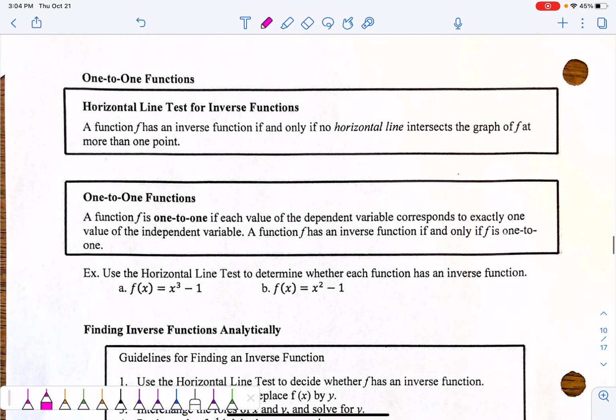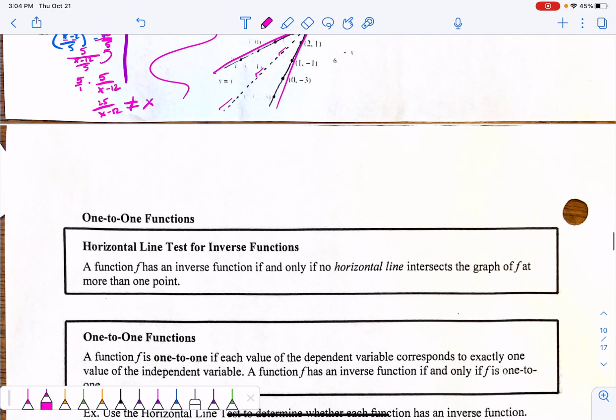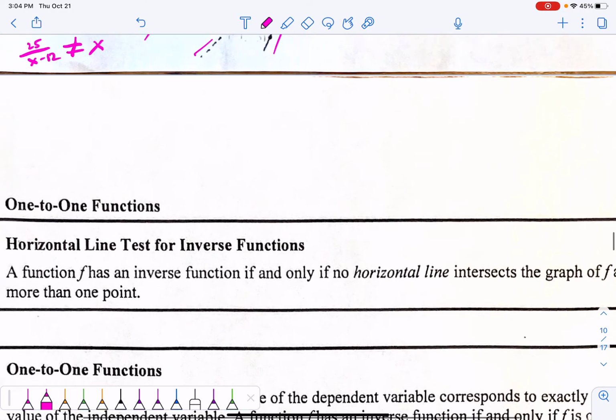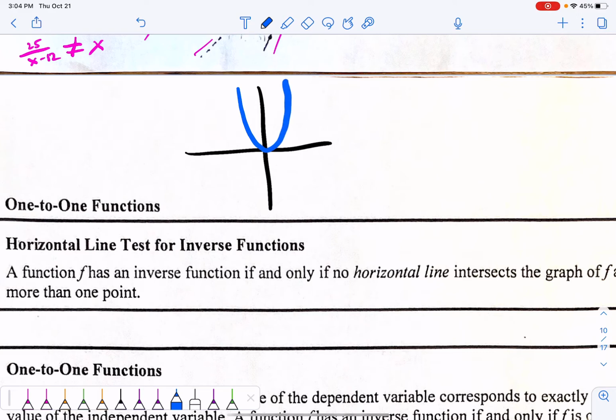Going to the back: one-to-one functions. We've done something before called the vertical line test. So here's the deal. I'm going to start with a function, and we're going to use the y equals x squared function, a parabola, a quadratic function.